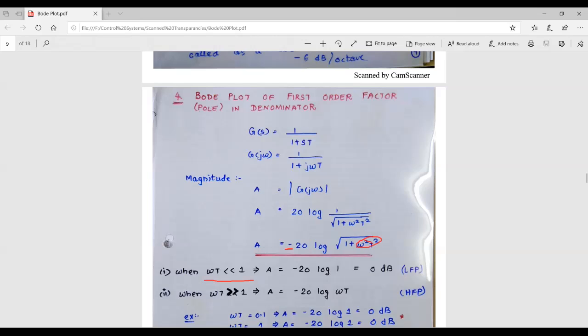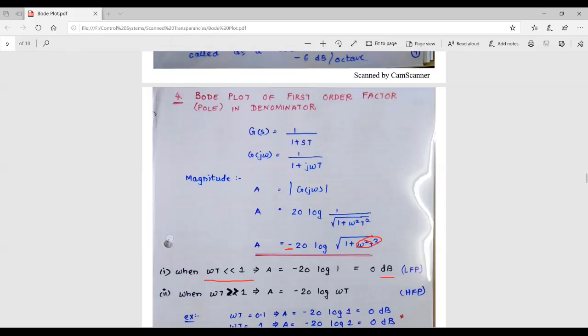So we can completely neglect it and we will consider only 1. Under root of 1 is 1. Log of 1 is equal to 0, right? So minus 20 log of 1, that is minus 20 into 0, gives you 0 dB. I'll tell you the significance of that a bit later. Let us just first see the mathematical part.